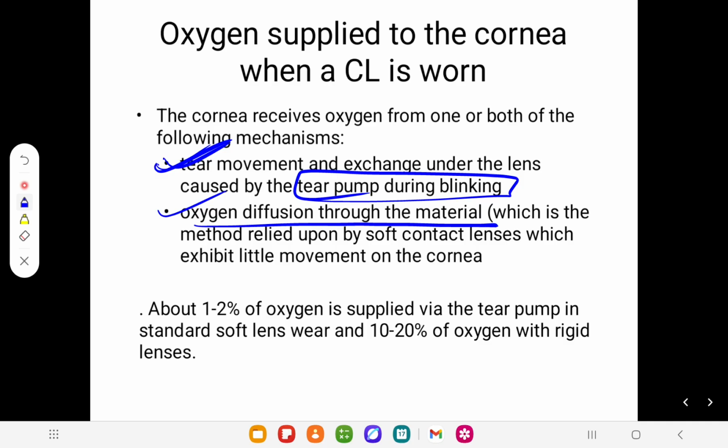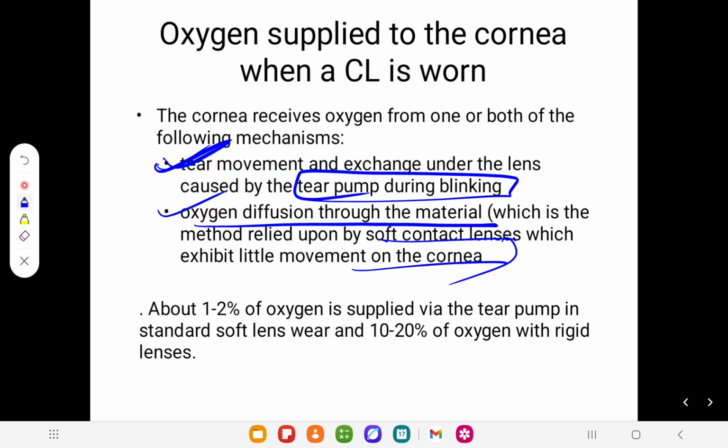This is the method relied on by the soft contact lens, which exhibits a little movement on the cornea. Definitely soft contact lens, little movement on the cornea. Scleral lens, almost zero movement on the cornea. Yes, definitely there is some movement, but almost zero. So no matter what, if there is very little movement, we can wear soft contact lenses, we can wear scleral lenses, just because the material itself has good diffusion capacity, isn't it?